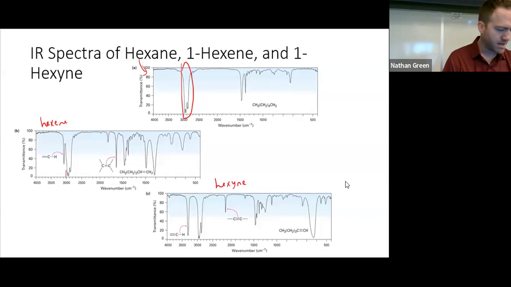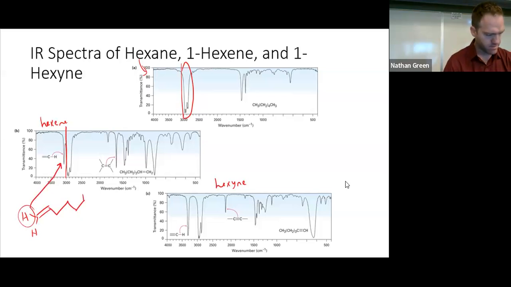Here's that same line at 3000. Well, now I have peaks that are both sp3 hybridized and sp2 hybridized. So what we're looking at is 1, 2, 3, 4, 5, 6. These carbon hydrogen bonds show up there. The other carbon hydrogen bonds in the molecule show up there.